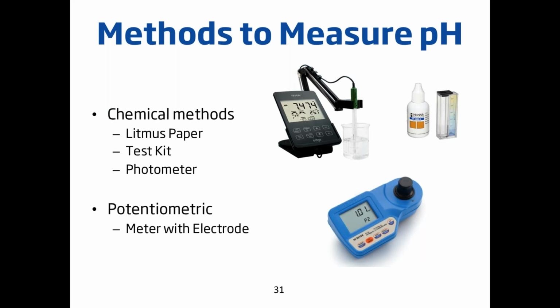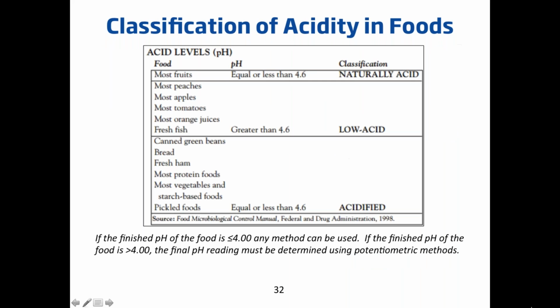So there's a few different methods to measure pH, but we're going to focus on the potentiometric method, which is this method right here, a meter and an electrode. So when we're classifying foods as either acid foods, low acid foods, or acidified foods, as part of CFR 21, the regulation dictates which of those methods we can use to measure the pH in order to comply with CFR 21 by the FDA.